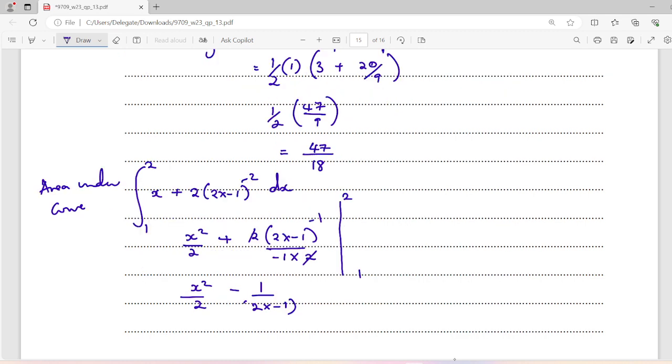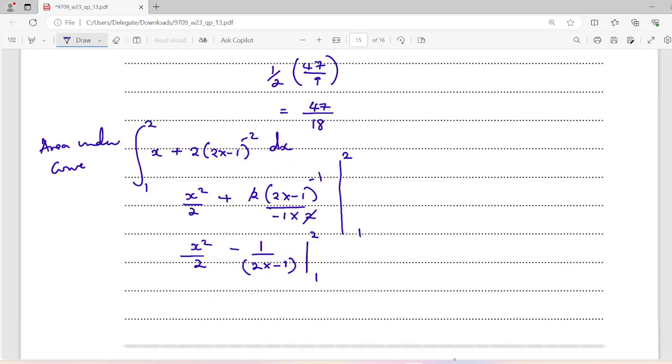So I'm going to put in my limits. Put in 2 first. When you put in a 2, we shall end up having 4 divided by 2, which is 2, minus, when you put in a 2 here, 1 over 2 times 1 over, which is going to be a half.